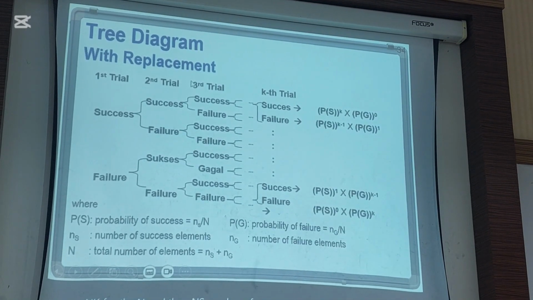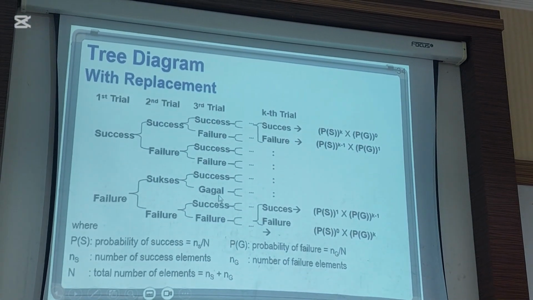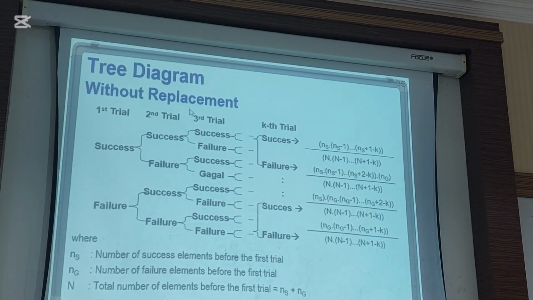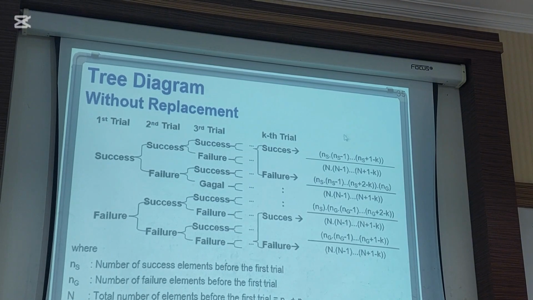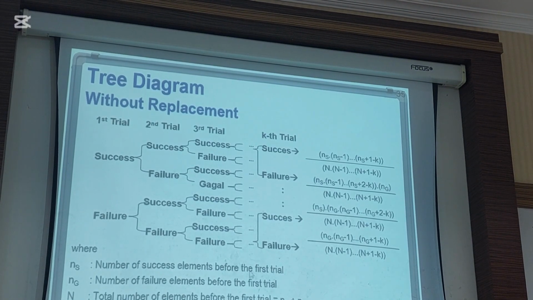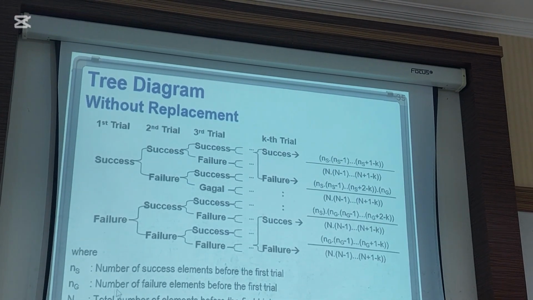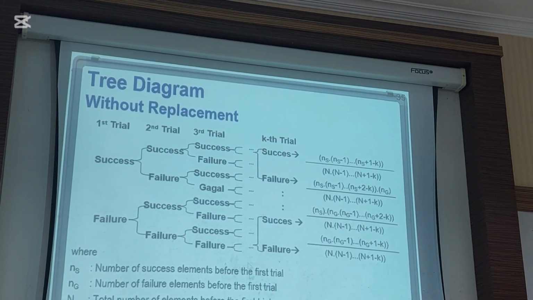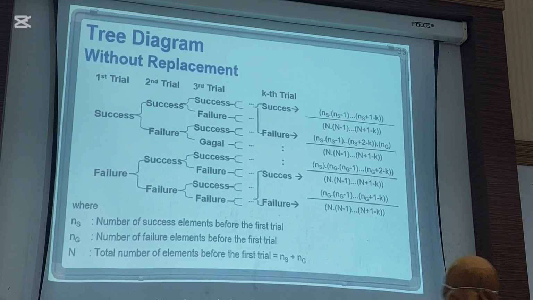This is with replacement, but if we meet a trial without replacement, we have a different probability. So NS is the number of success elements for the first trial and NG the number of failure elements for the first trial.